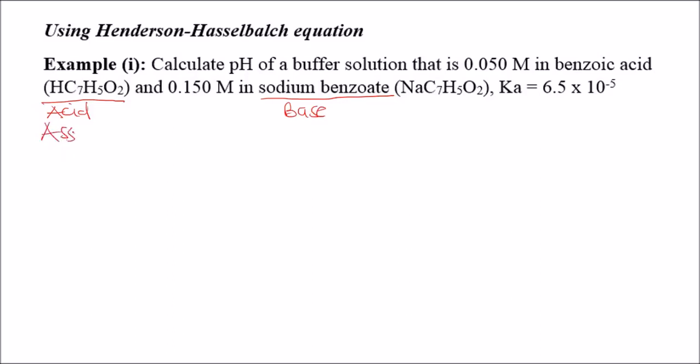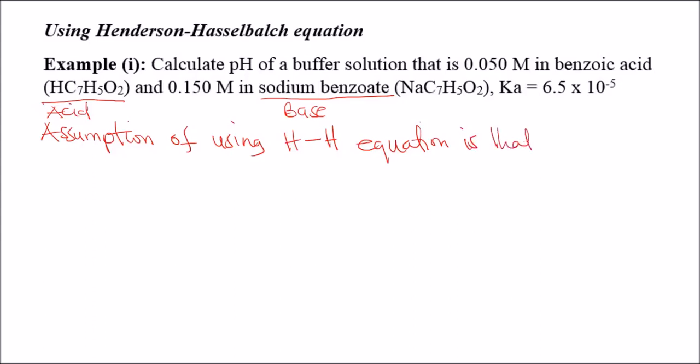The assumption of using the HH equation is that X is small. So remember, we are using this equation based on the assumption that X is very small and therefore does not matter. It can be ignored in special cases. We will see what it means.